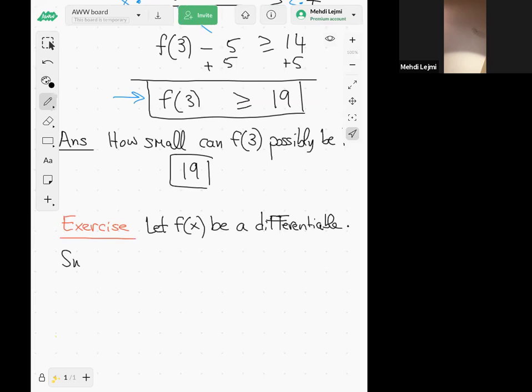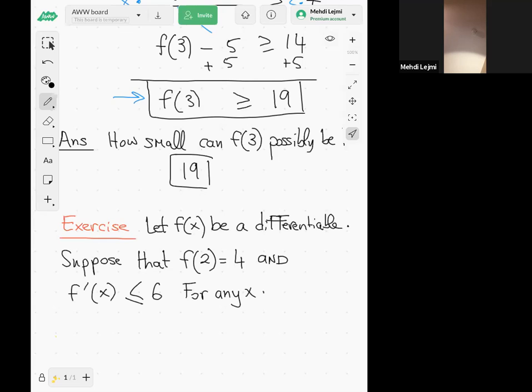Suppose that f of 2 is equal to, let's say, 4, and f prime of x is less or equal to, let's say, 6 for any x in the interval 2, 7.